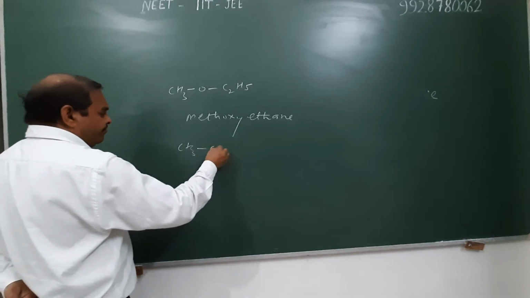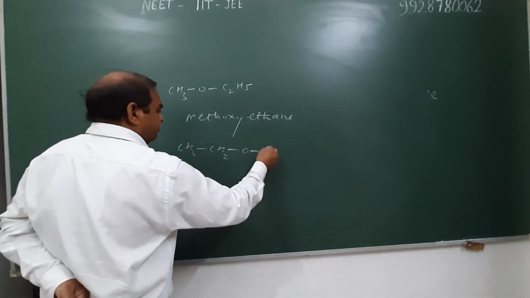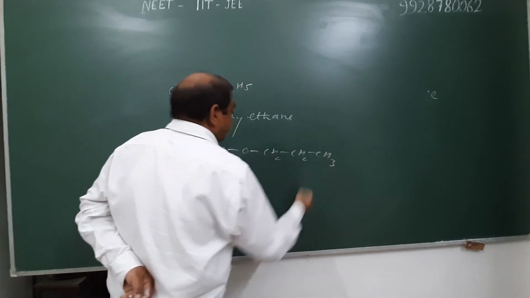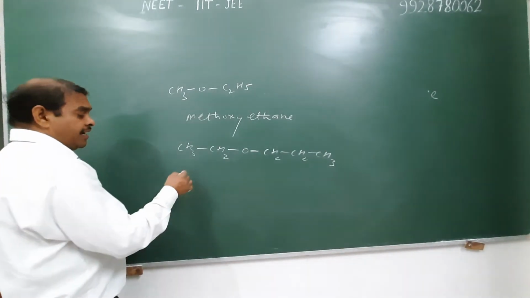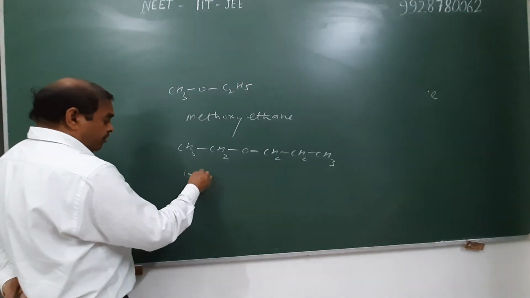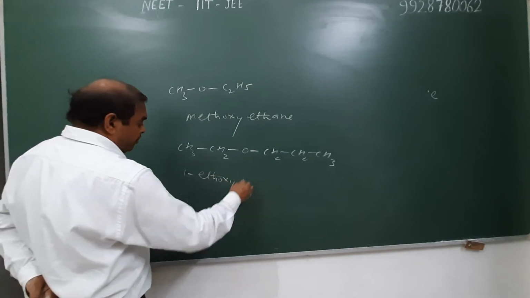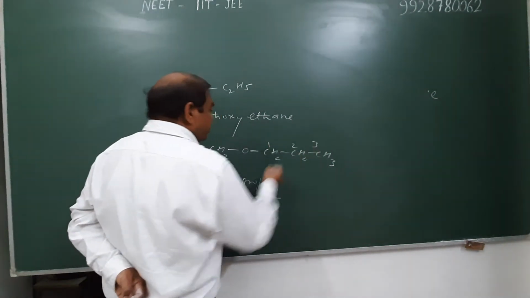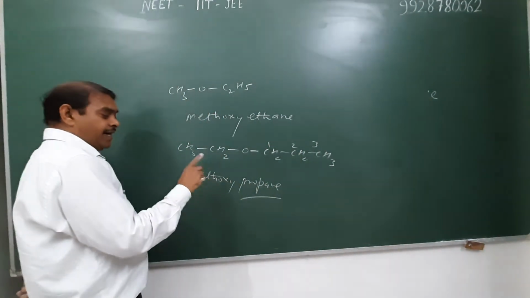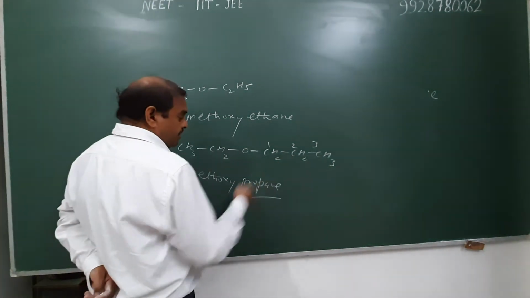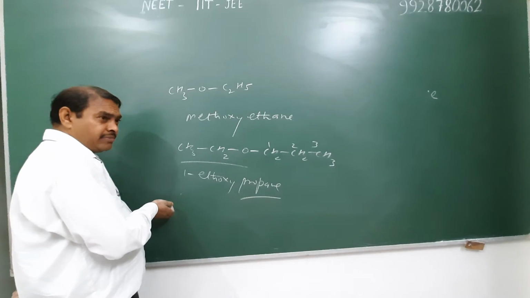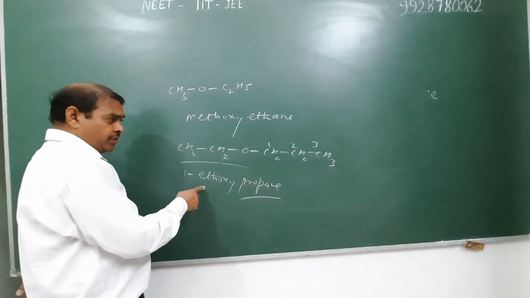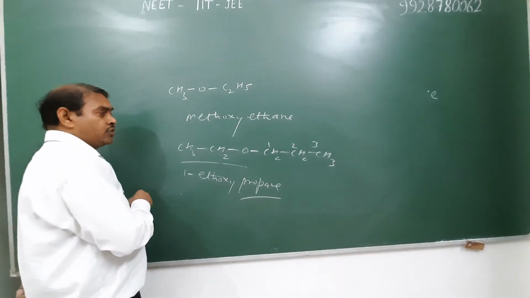Similarly, this compound is also an ether, and its IUPAC name is 1-ethoxypropane, because the position of ethoxy in propane may be 1, and we indicate its position. First of all, we select the principal chain and then write the name of the substituent ethoxy, alkoxy, alk plus oxy, and as ethoxy is at position 1, therefore it is 1-ethoxypropane.